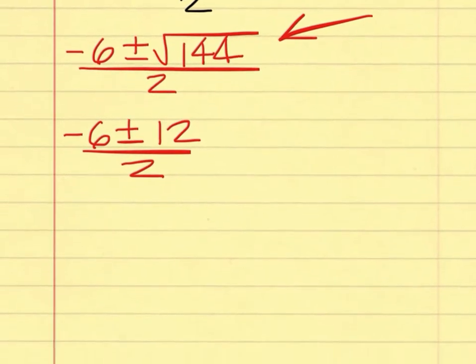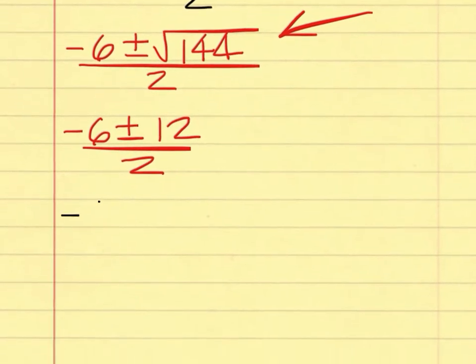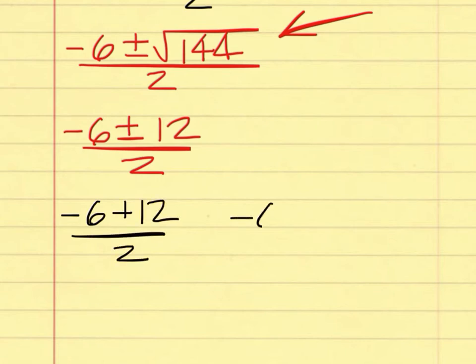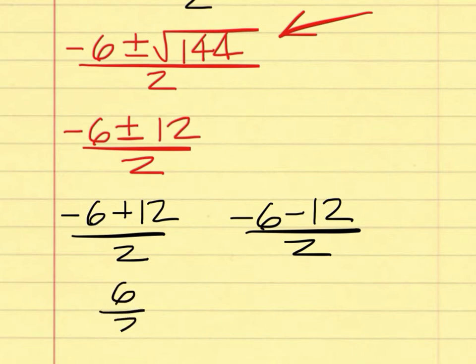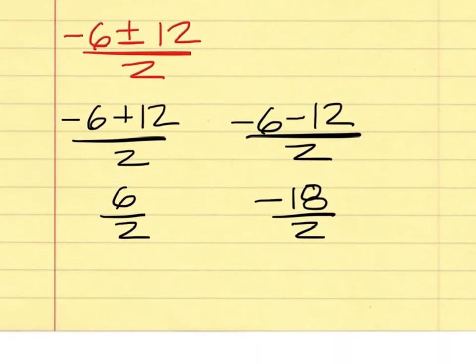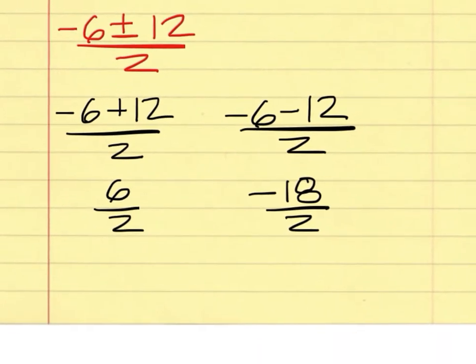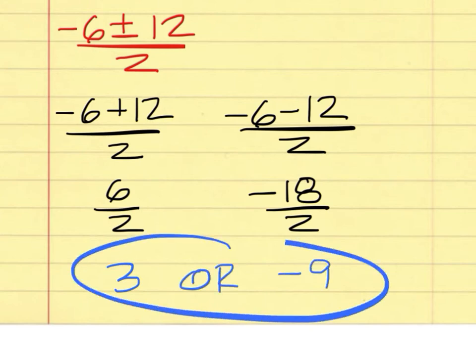Alright, so now at this point you have two problems to do. -6 plus 12 over 2, -6 minus 12 over 2. -6 plus 12 is 6, divide by 2, and -6 minus 12 is -18, divide by 2. So 6 over 2 is 3, or -18 over 2 is -9.